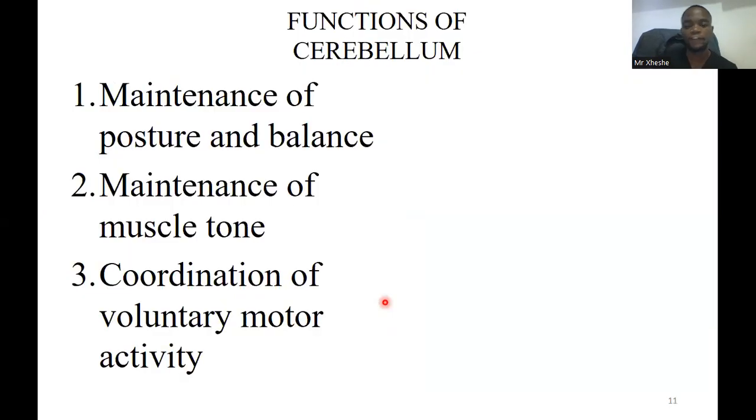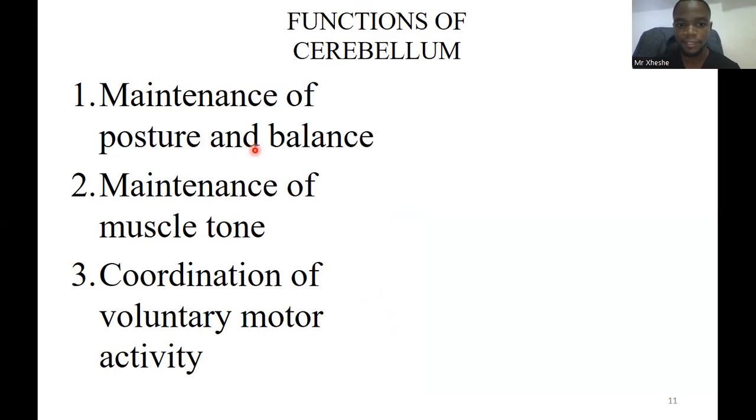All right, so functions of the cerebellum, I think we have already tackled some of them. Number one is maintenance of posture and balance. Ability to stand as human beings is something that we rarely think about, but really the parts of the brain are at play. If there's damage to the cerebellum, that's when we'll see this person failing to maintain posture.